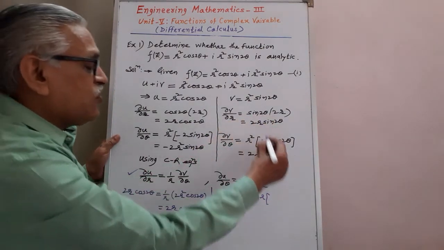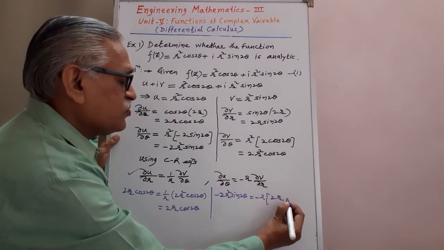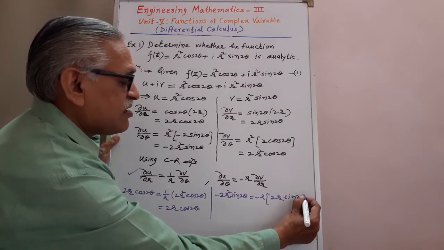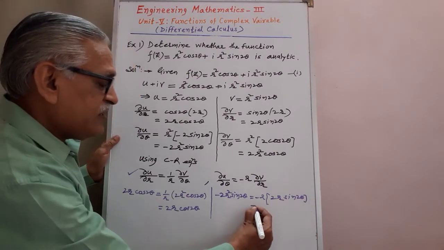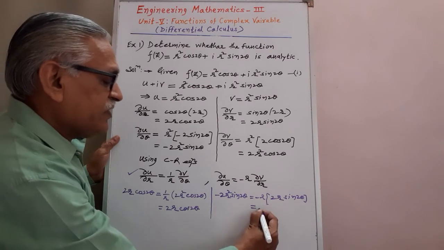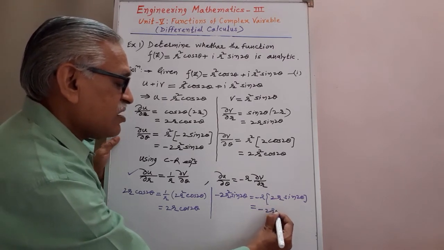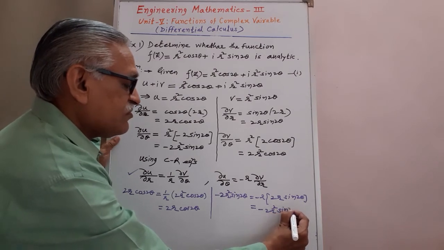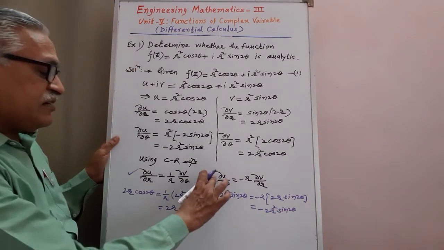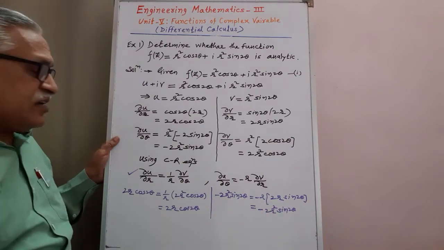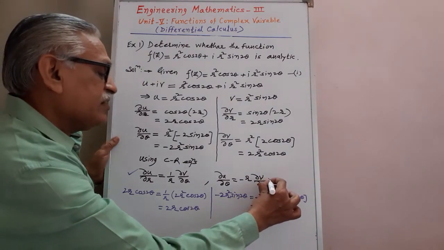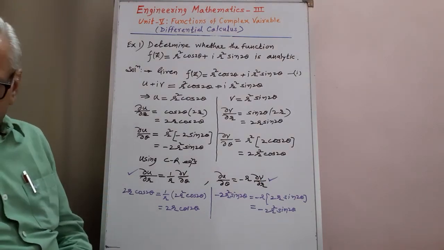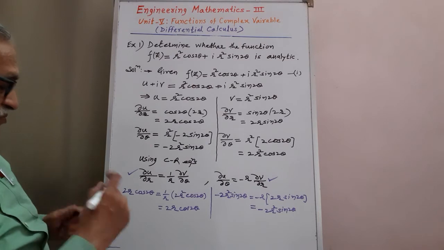The value of dou v by dou r is 2r sine of 2 theta, and therefore if we simplify the term on the right hand side, we get minus 2r square sine of 2 theta. Again, left hand side and right hand side are equal, which means the second condition is also true, and as CR equations are satisfied, the function is analytic.